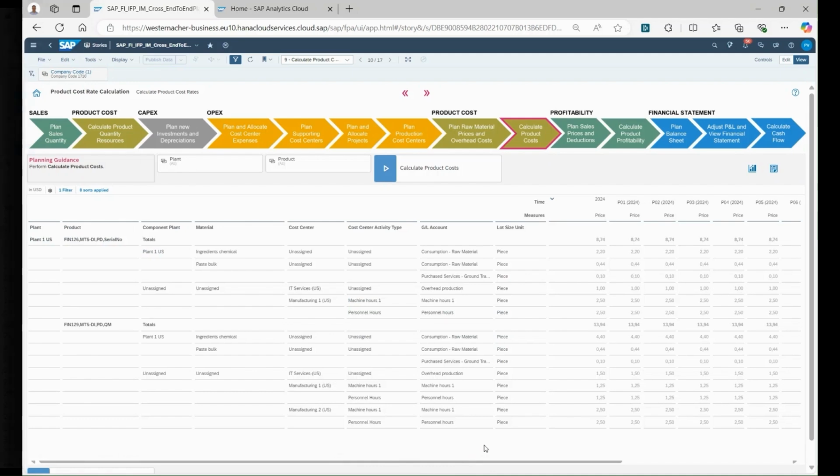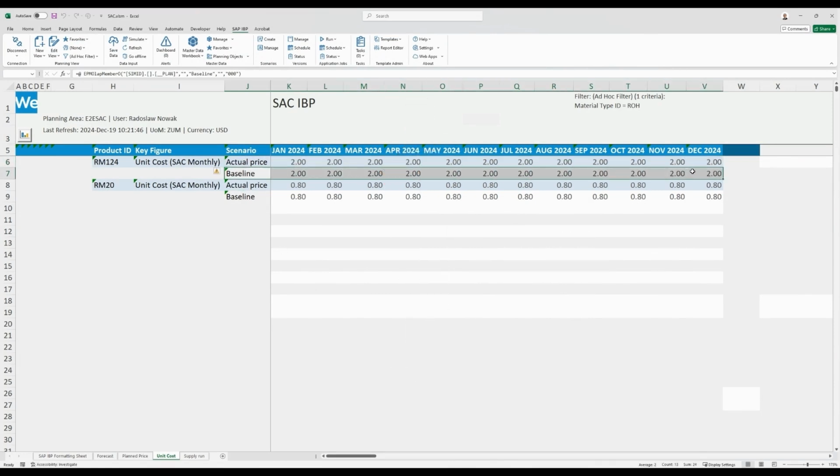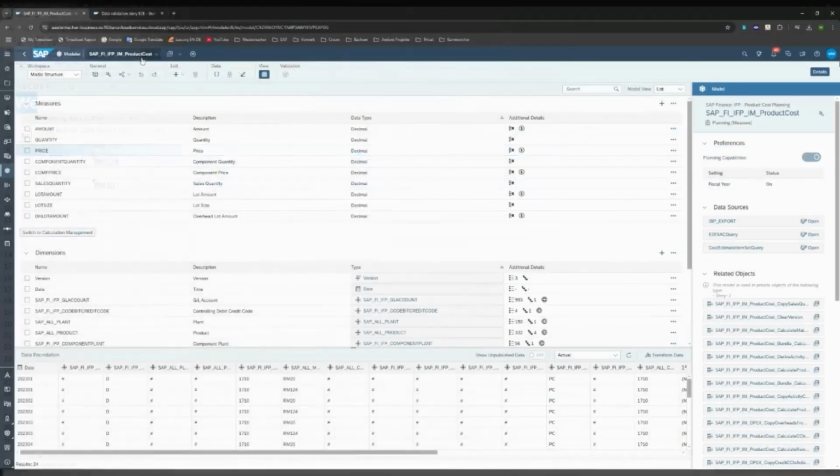So she's just updated this, and rolling up, she's now got visibility on what the pricing is. Bob recognizes that pricing has been updated, but not costing. Usually, as I said, in reality this will all happen overnight or with a planned job, but we're just showing you how it's done.